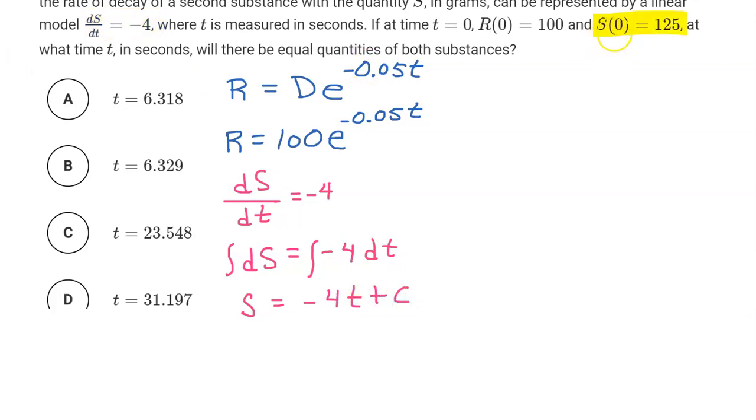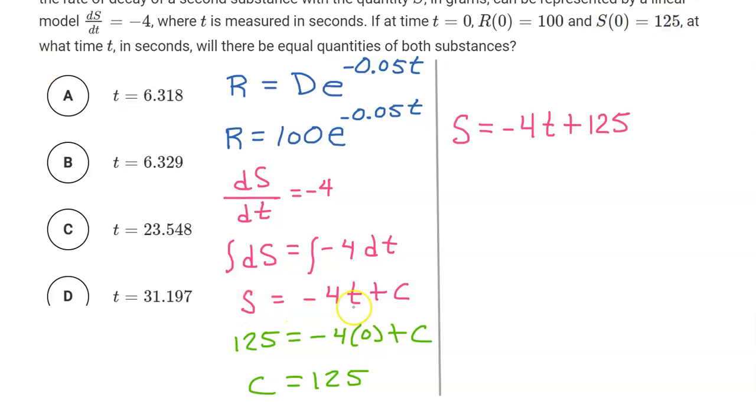We can use this initial condition to find the value of c. Let's plug in 125 for S and 0 for t. This tells us that c is equal to 125. Updating our equation for S, we now have S equals negative 4t plus 125.